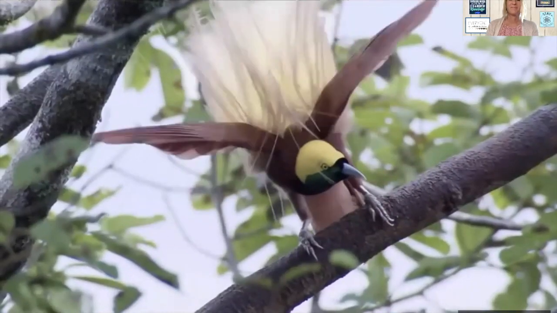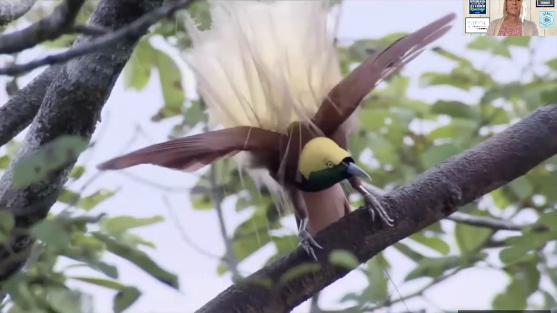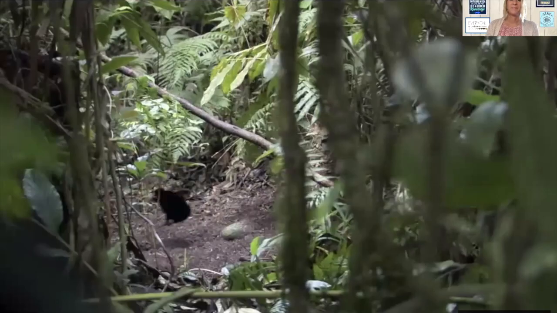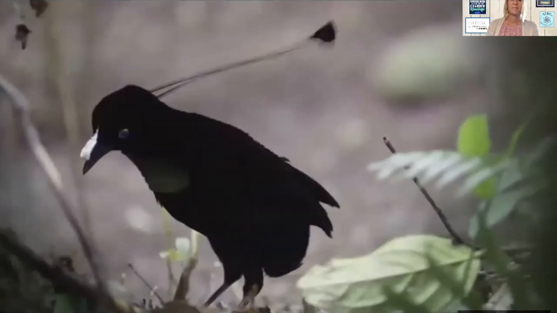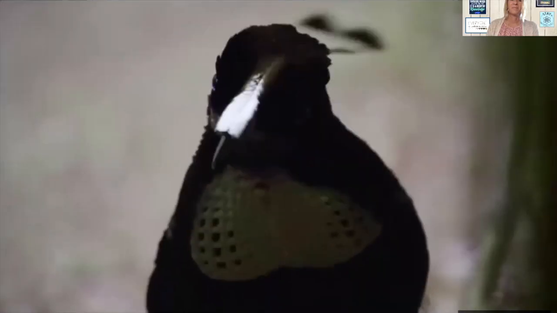This forest is so rich that nourishing food can be gathered very quickly. That leaves the male six-plumed bird of paradise with time to concentrate on other matters, like tidying up his display area.